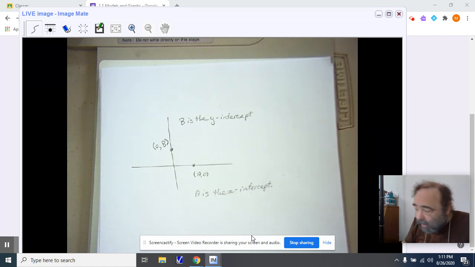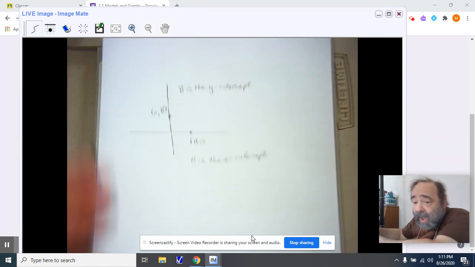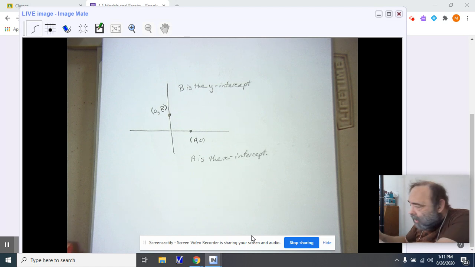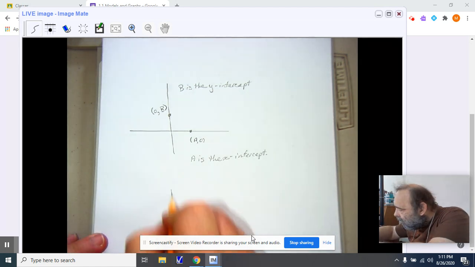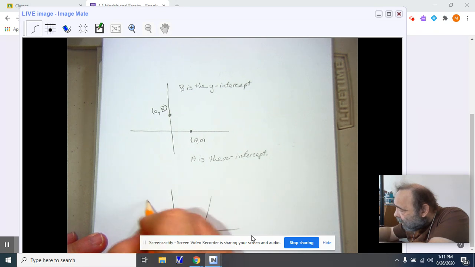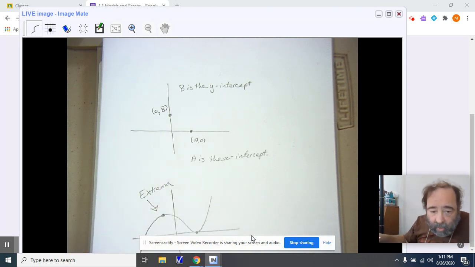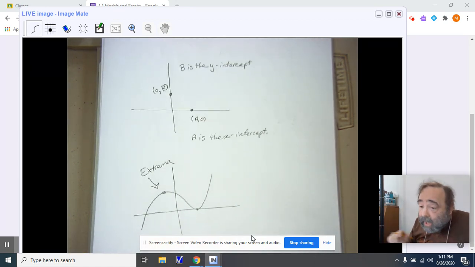Okay. Now this brings us to some basic functions that you have to know. For example, you have to know that a cubic has two extrema. These are called extrema. A polynomial will always have one less extrema possible than it has degree.